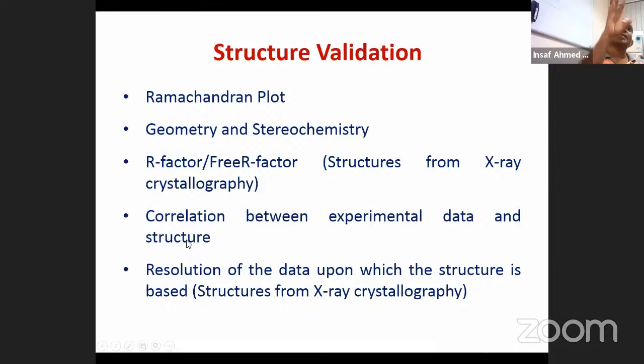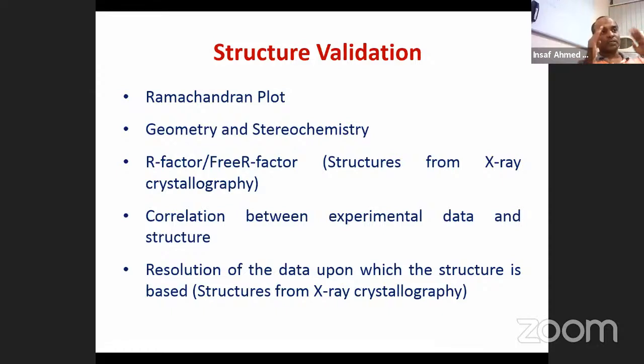Suppose you determine a structure by X-ray crystallography, and now you compare it with your lab experiment, like function. I will give my own example, of a protein I tried to determine as an apoprotein. I never got a structure. Then I added the cofactor and we got the structure.